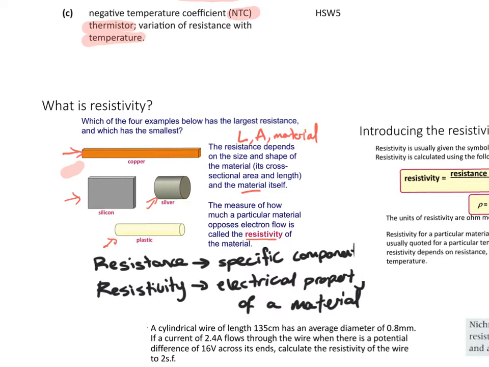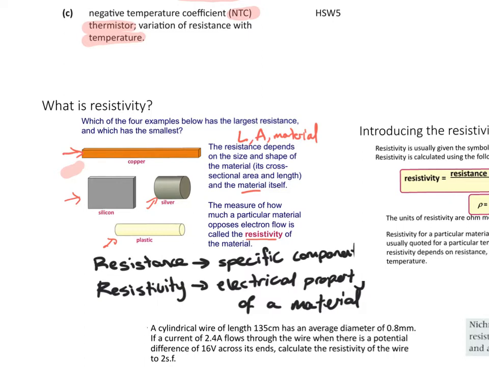So resistance is for a specific component, whereas resistivity is an electrical property of a material. So in other words, resistivity doesn't get affected by any changes in the dimensions of the material. It's a fixed value for that material, and we call it an intrinsic property of it.